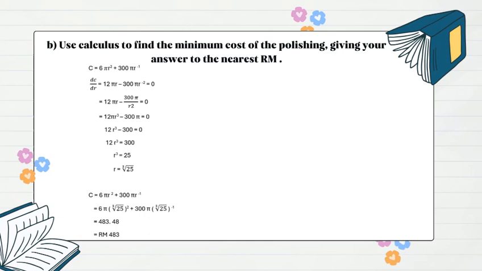Substituting it back into the formula for cost, the total cost of polishing is 6 pi times the cube root of 25 squared, plus 300 pi times the cube root of 25 to the minus 1. This approximately equals 480 ringgit.